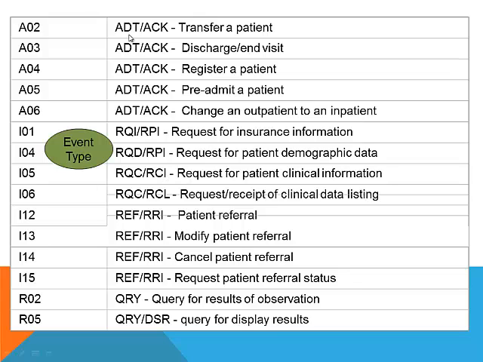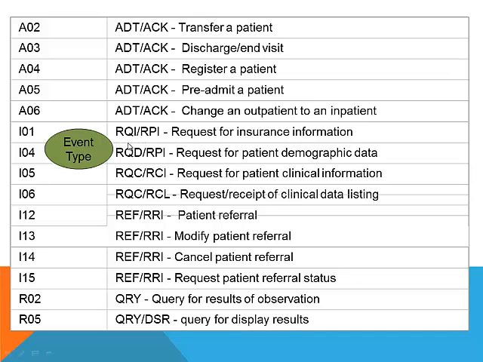For example, if the trigger event is transfer a patient, then the code is A02. This shows the ADT message type. For the ACK message type, it also has the same event codes. Okay.